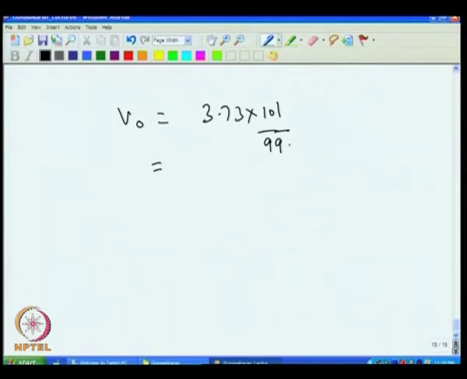We can calculate this. Roughly about 10 millivolt error is expected. It will go to 3.831, which is nearly 37.3 millivolt error.